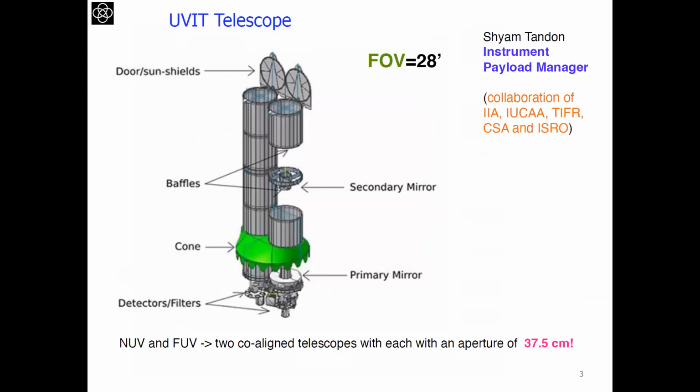Okay, so the UVIT is a relatively small telescope. It has only a 37.5 centimeter diameter aperture, and it has two co-aligned telescopes, one in the near ultraviolet and another in the far ultraviolet, and one can do simultaneous observations.